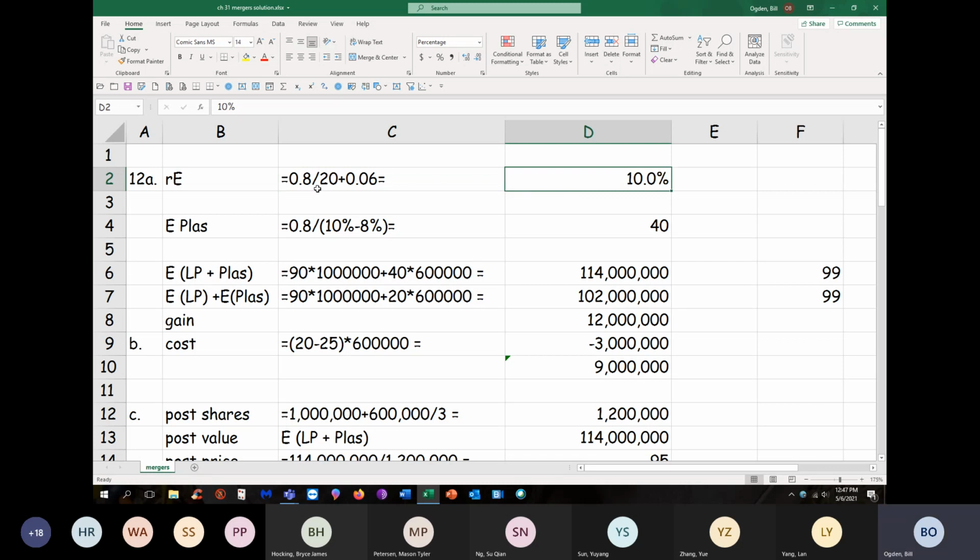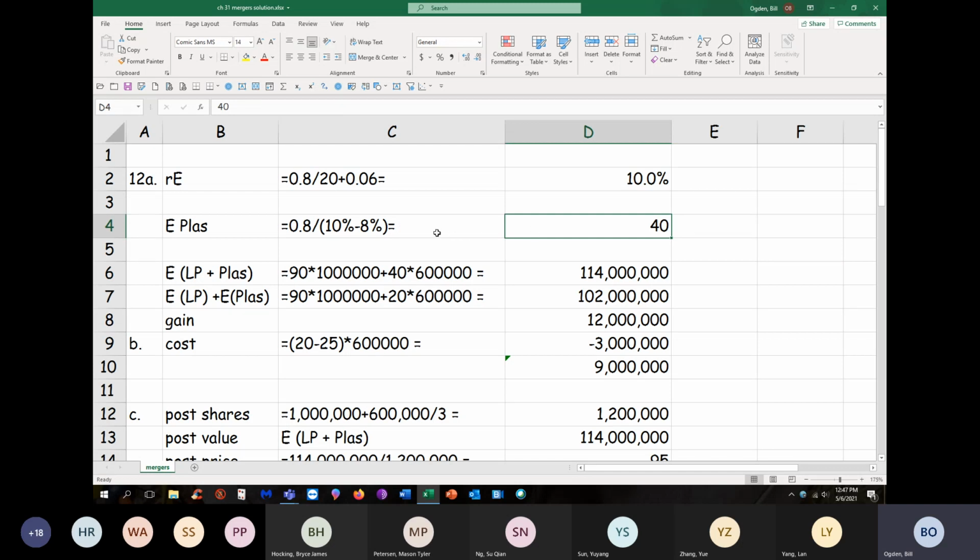PL has an expected dividend of 80 cents, a price of 20, and expected to grow at 6%. So therefore that gives it a 10% cost of capital. Then we revalue the company based on 8% growth, and we should get $40 as the value of the company.